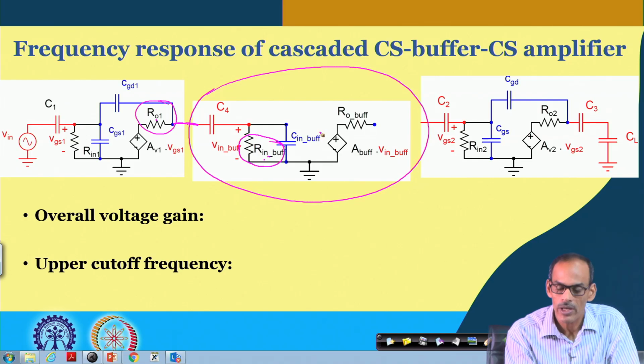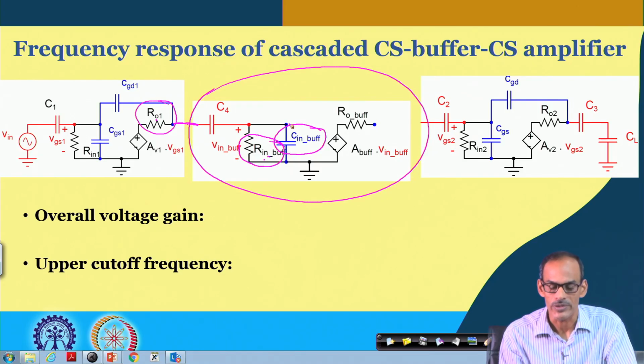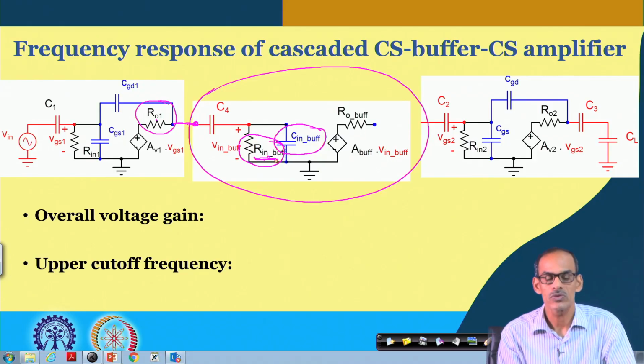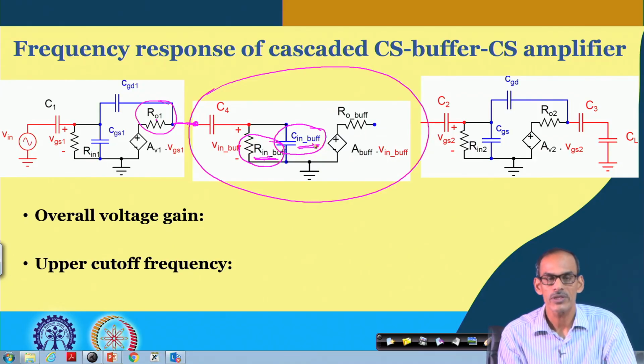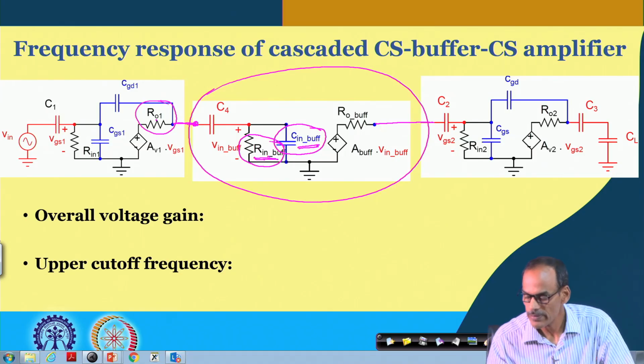Also, if the input capacitance of this buffer stage is very small, that is also needed to avoid the effect on the upper cutoff frequency. So, the basic requirement here is that the resistance of the buffer stage should be very high, and the input capacitance of the buffer stage should be as small as possible. Similarly, the loading effect is also possible at this node.